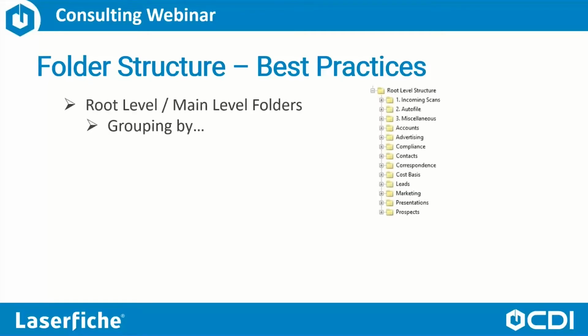At the root of the repository, there's going to be all of your top level folders. These are going to be based on departments such as human resources, operations, client files, property files, or based on functional purposes such as incoming scans or auto-filing.